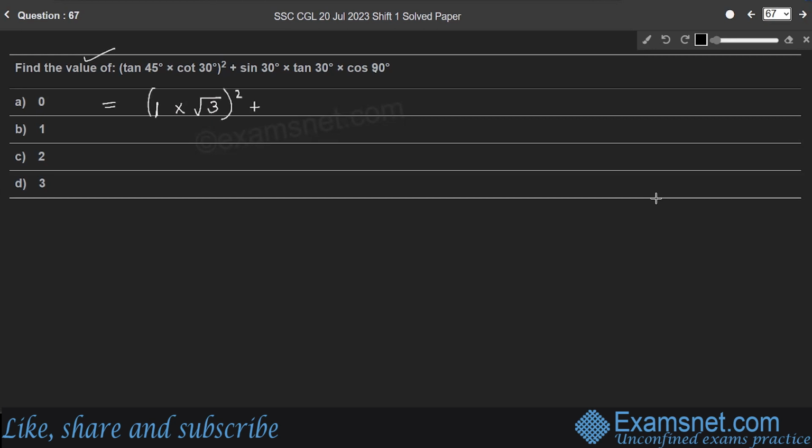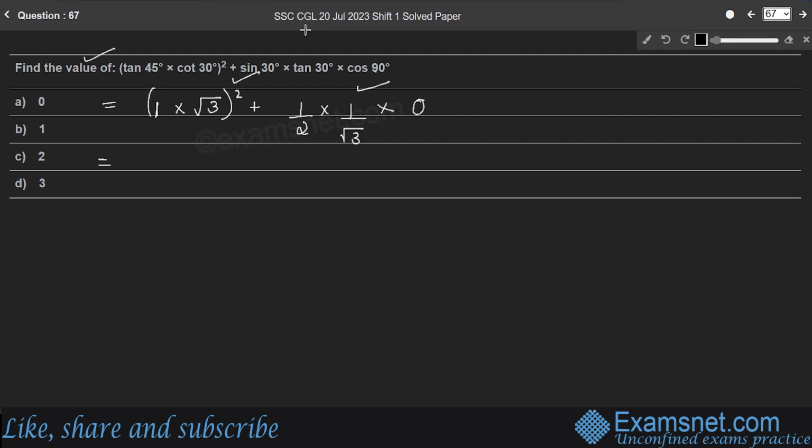The value of sin 30 is 1 by 2, into tan 30 is 1 by root 3. Cot 30 is the inverse of tan 30, therefore cot 30 is root 3, tan 30 is 1 by root 3. Into cos 90, which is always 0. Therefore, the second part of the given expression is equal to 0.